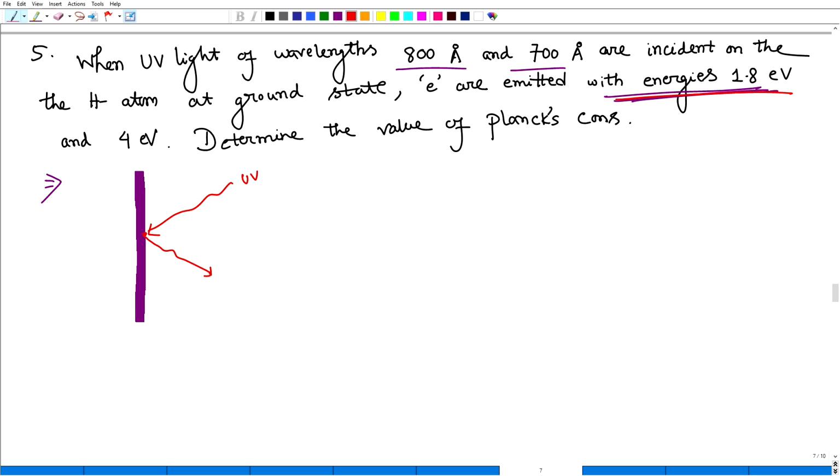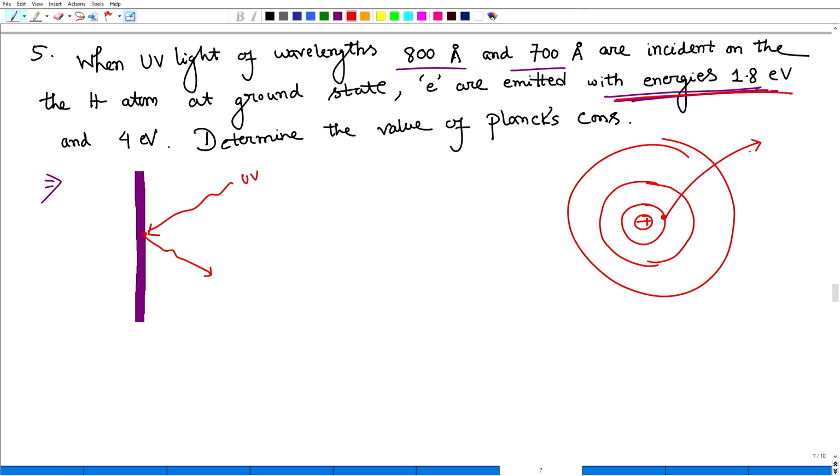Now we know that when an electron is there, there is some work function. Let us say the electron is in the ground state, and we have to kick it out from the ground state to the free state, out of the atom. We know that out of the atom there is no energy. In the ground state the energy is minus 13.6 electron volt. When the electron is colliding with that UV ray, the UV ray should provide that 13.6 electron volt to the electron so that it can be kicked out from the atom.